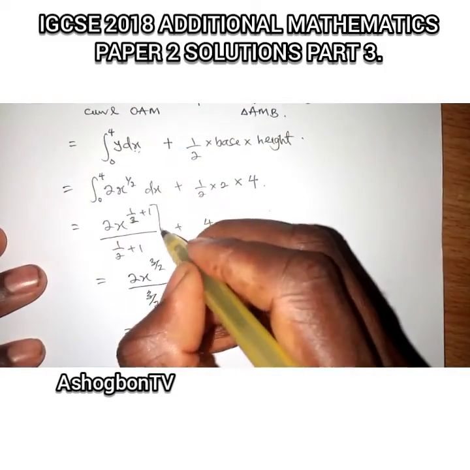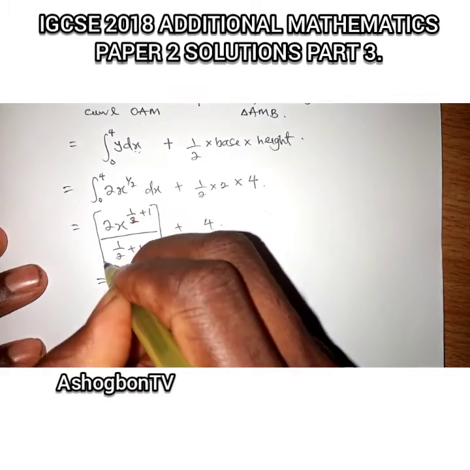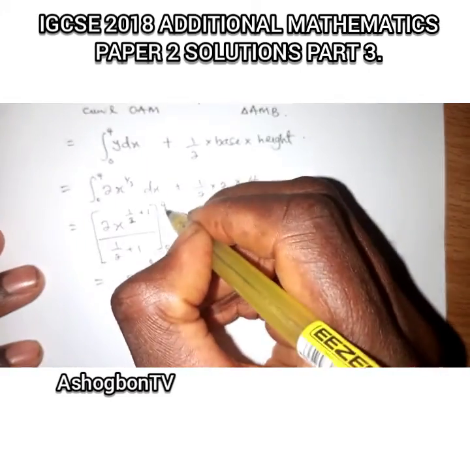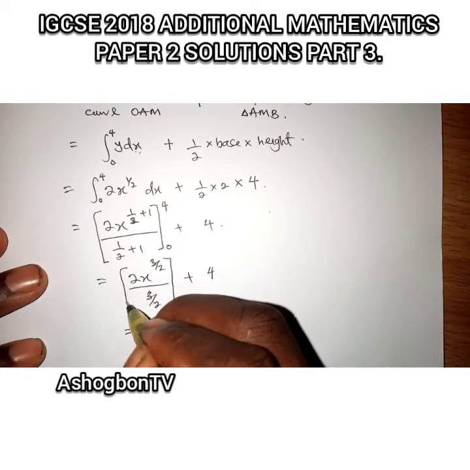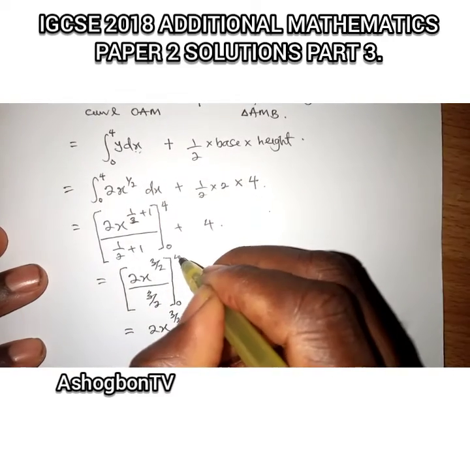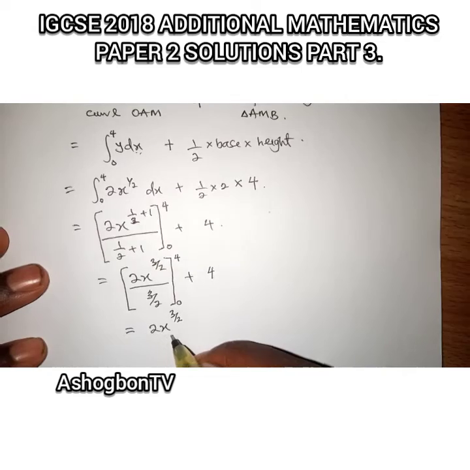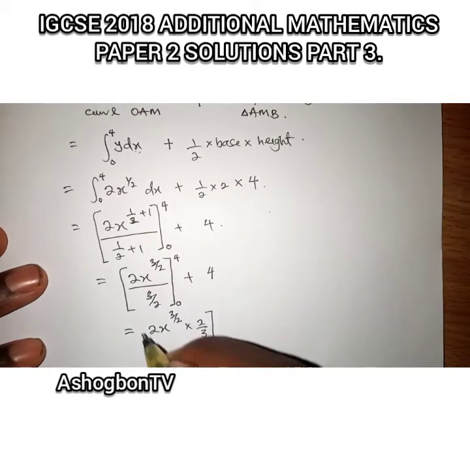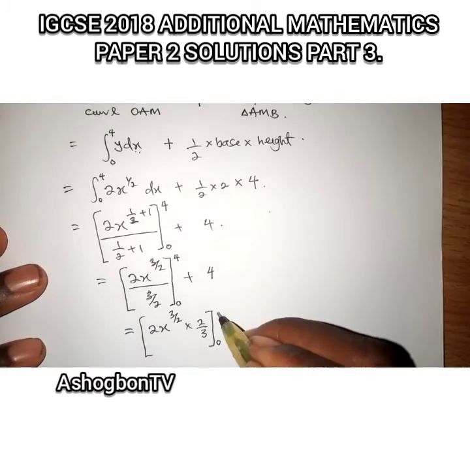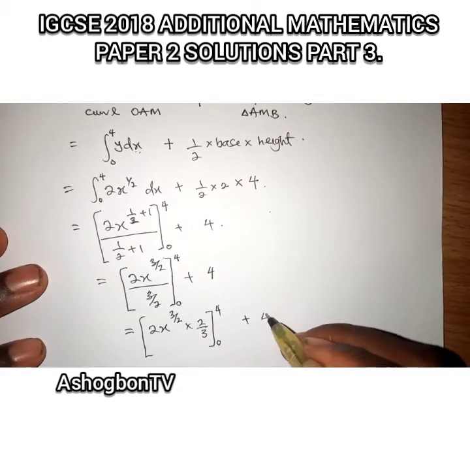So of course, once you integrate, you take it from 0 to 4, and of course the same thing is also applicable here, from 0 to 4, and here you have times 2 over 3, 0 to 4, plus 4.